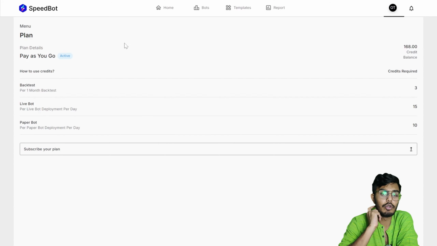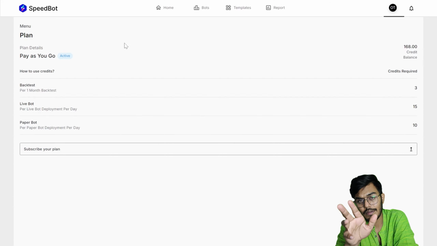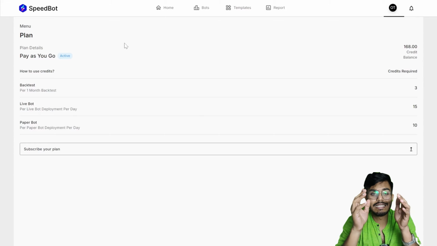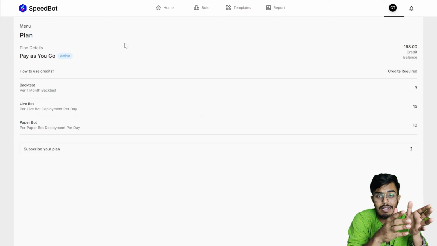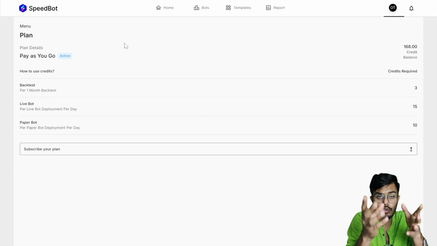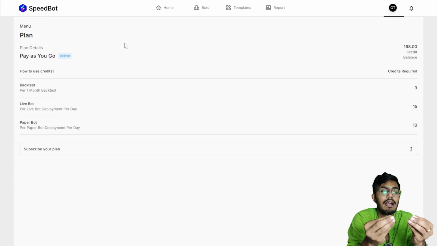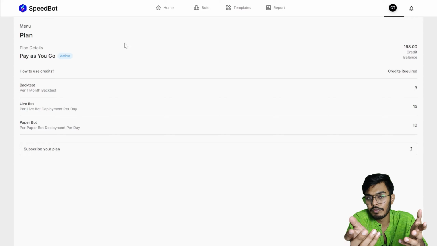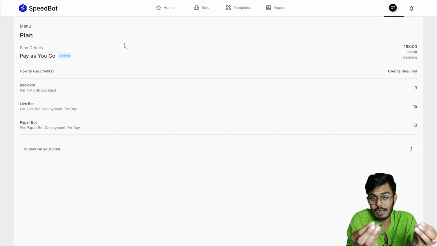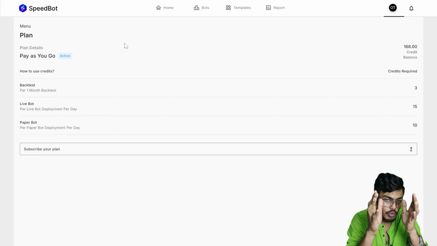So we have two kinds of plans at SpeedBot. One is the wallet based plan, that is, based on whatever you use on our platform, your money will get deducted in the form of credits. That is the wallet-based plan, which we call pay-as-you-go.